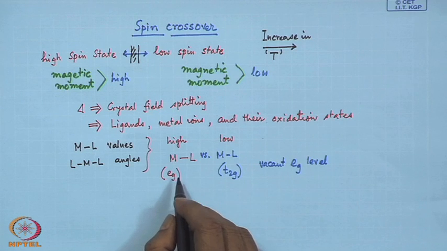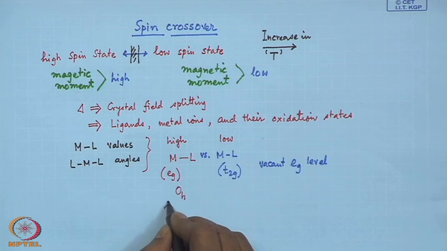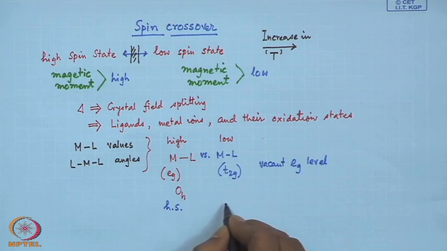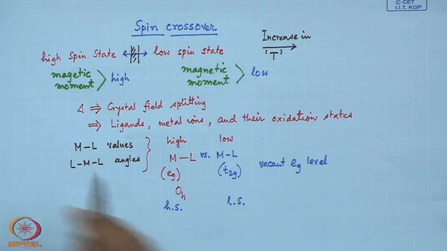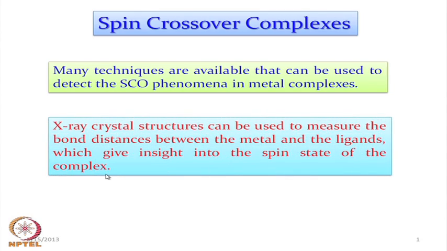So, the electronic configuration with e_g electrons is for the high spin complex, and this is for the low spin complex, as we all know. So, the X-ray structural data nicely explain the two situations, the high spin compound as well as the low spin compound. So, we can determine the spin state here.